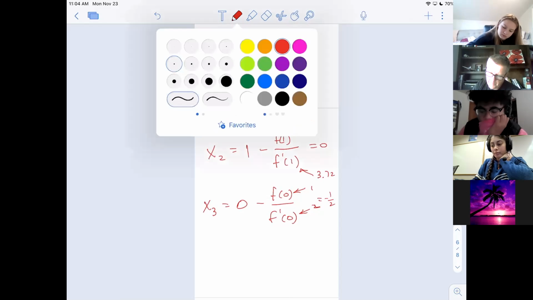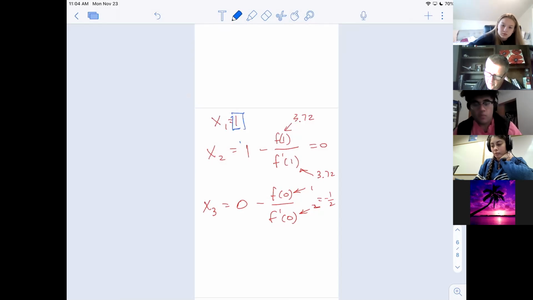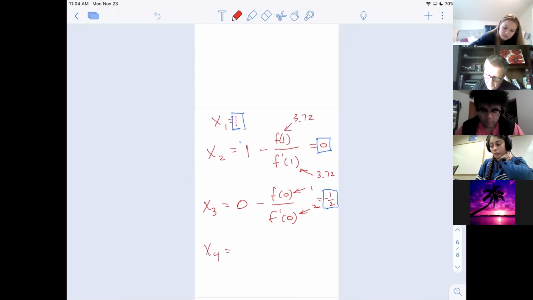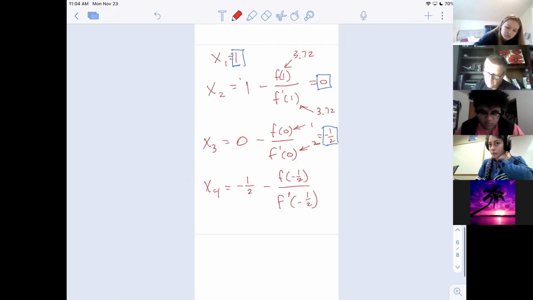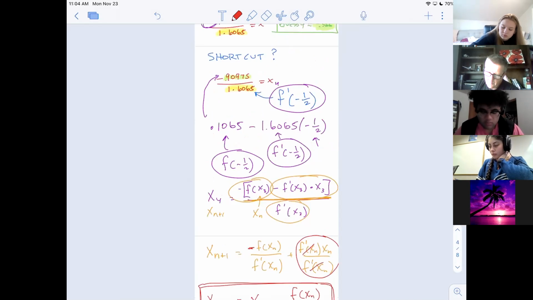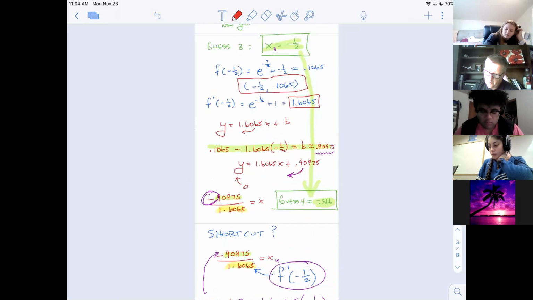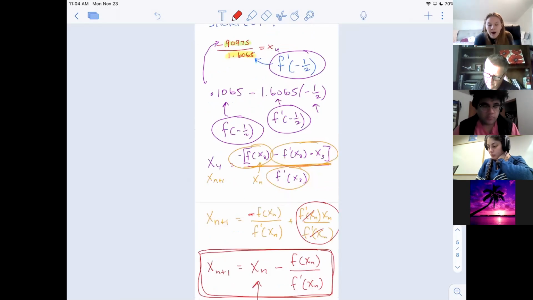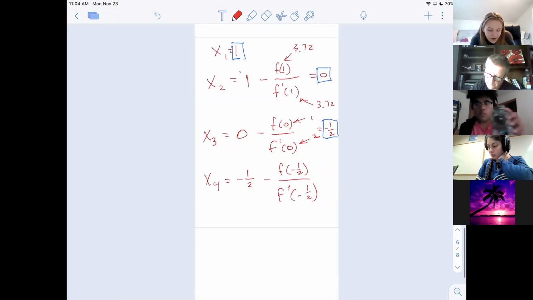It went from a terrible guess of 1 to a better guess of 0 to a better guess of negative 1/2. And let's do one more step. x4 is your previous guess minus the function evaluated at that previous guess divided by the derivative evaluated at that previous guess. I forgot the decimals for these. 0.1065 and 1.6065.